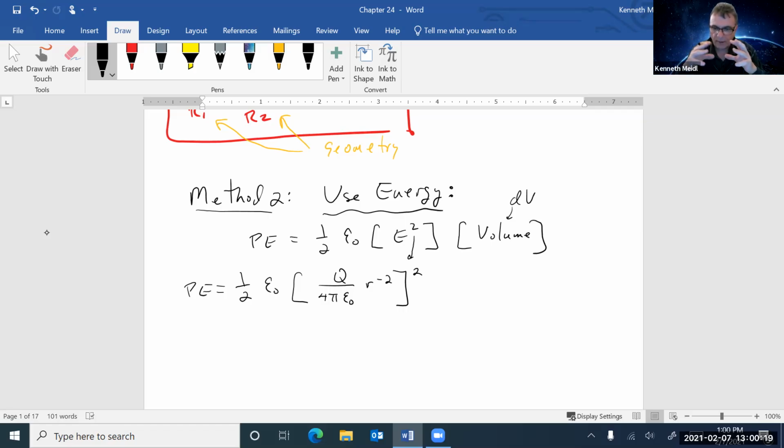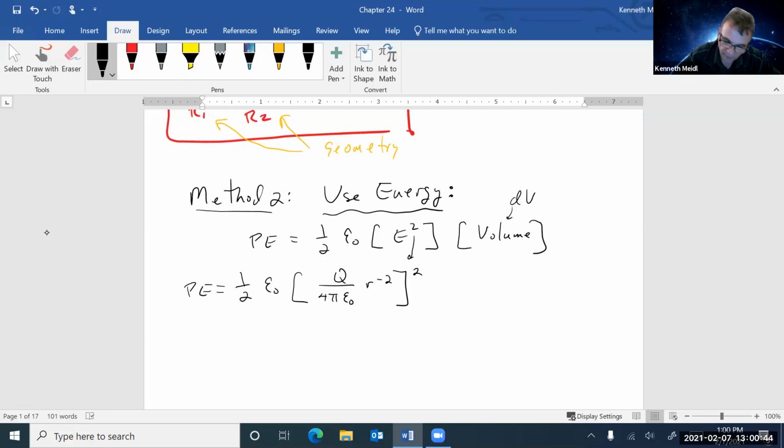If I'm adding up spheres and I want the total volume, what I need to do is get the surface area of the sphere and then change its size a little bit. Go from a 4 pi r squared, that's the surface area, and then change the r to dr, and then you have a little bit more, and you keep adding that up.